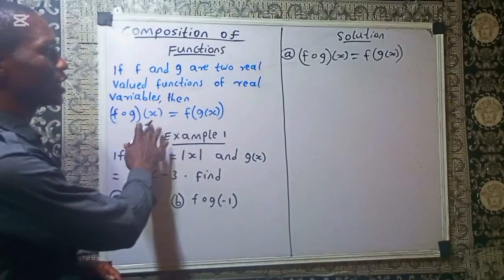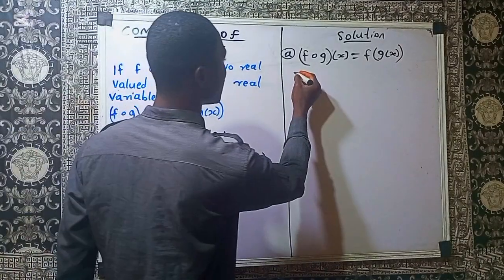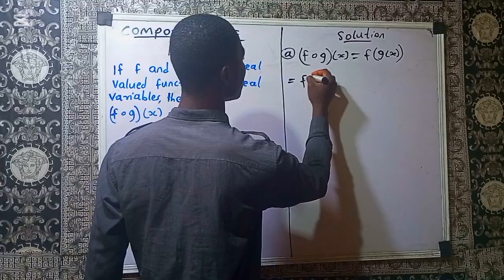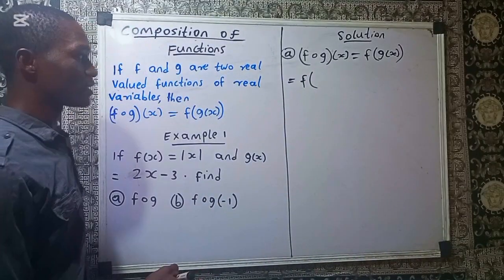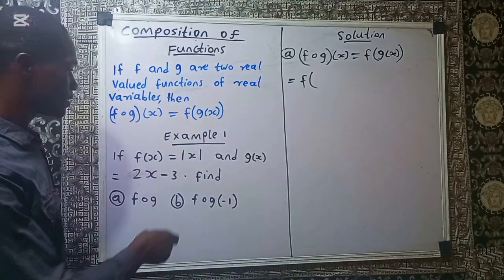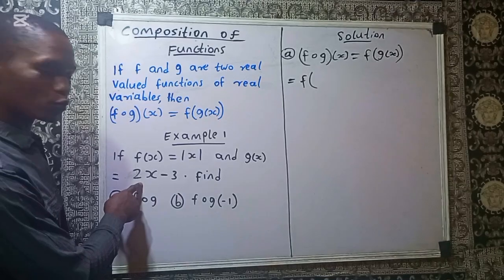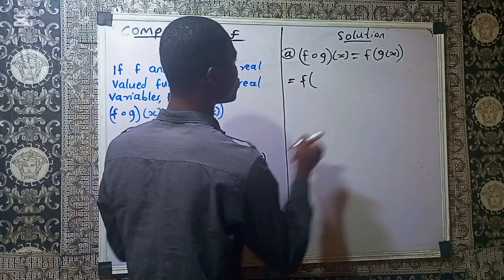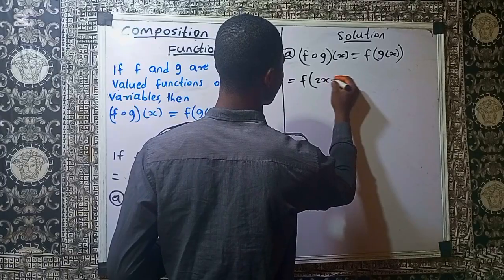By the definition here. So then we are going to proceed. This will be equal to f of, what is g of x? G of x is 2x minus 3. So we are going to do 2x minus 3.